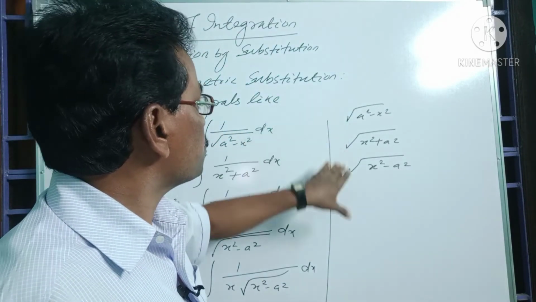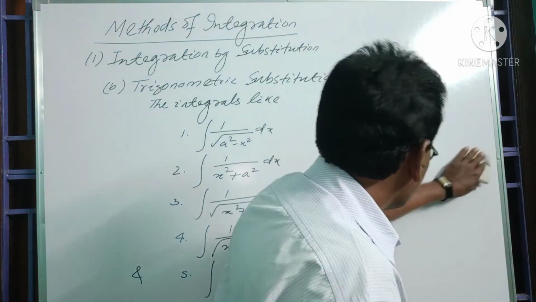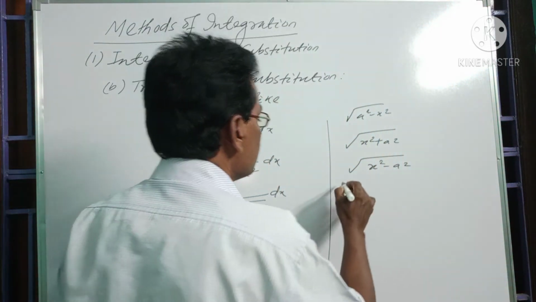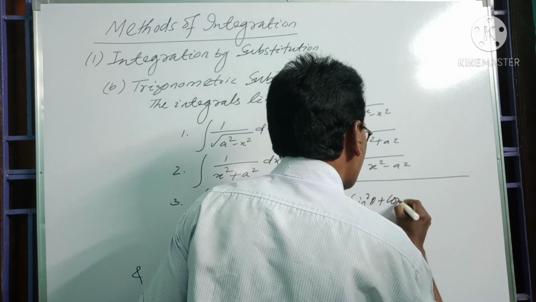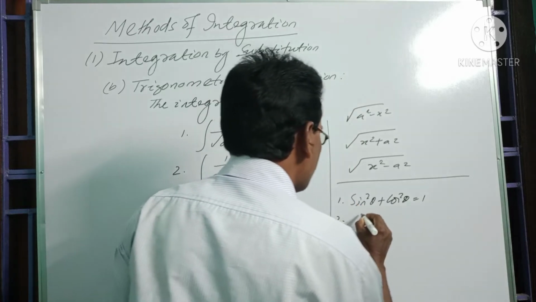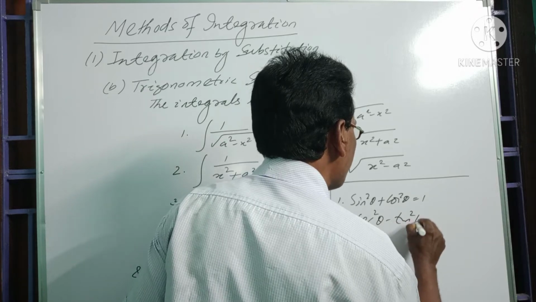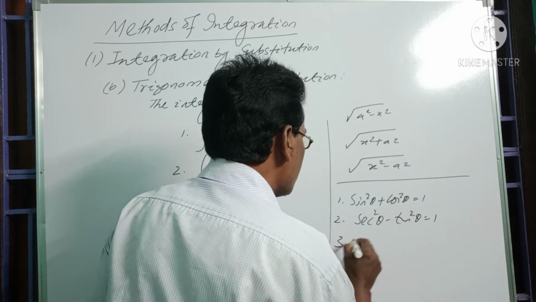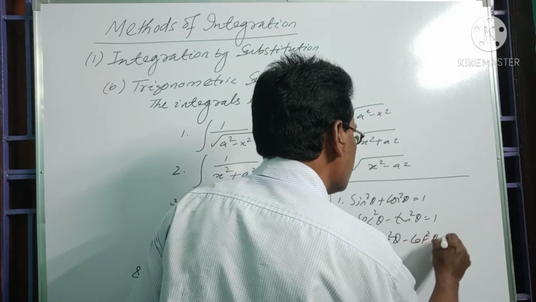So in trigonometric substitution, we have to consider three trigonometric identities: sin square theta plus cos square theta is equal to 1. In second, sec square theta minus tan square theta equal to 1, and third, cosec square theta minus cot square theta is equal to 1.